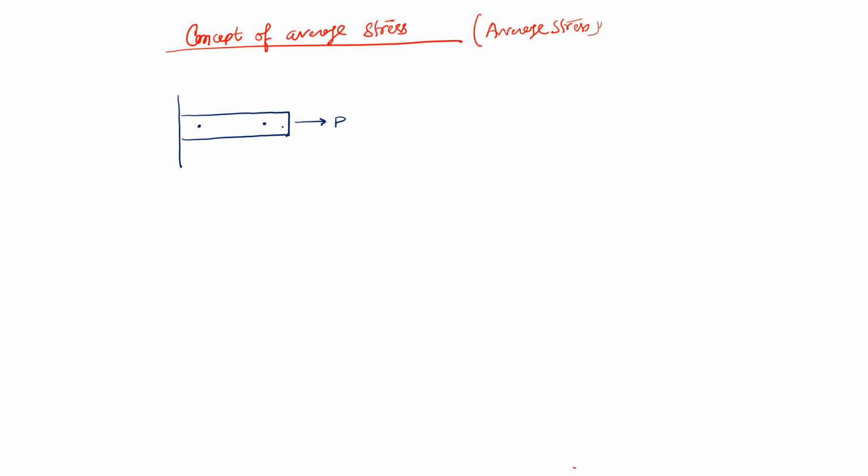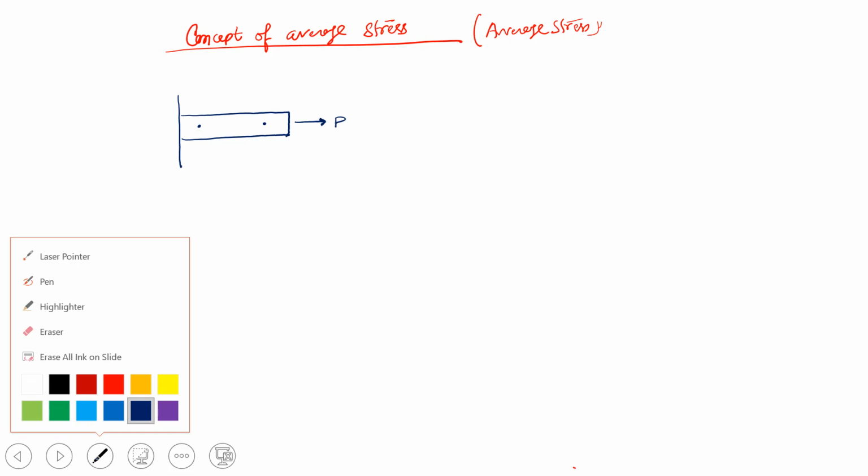Once we are applying this force, the point here is that we always apply force. A tensile machine only applies force, nothing else. The stress is a response to this force.